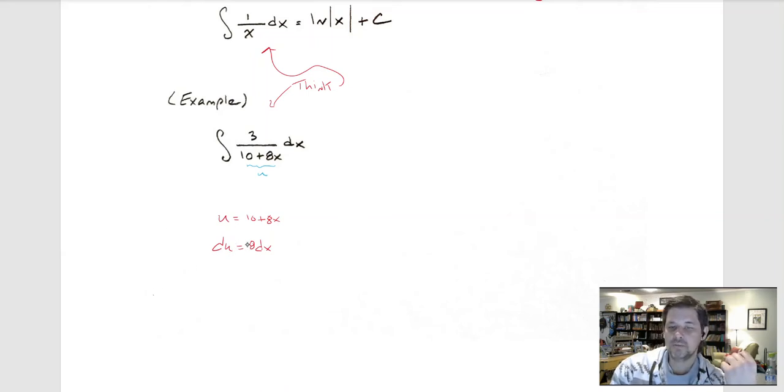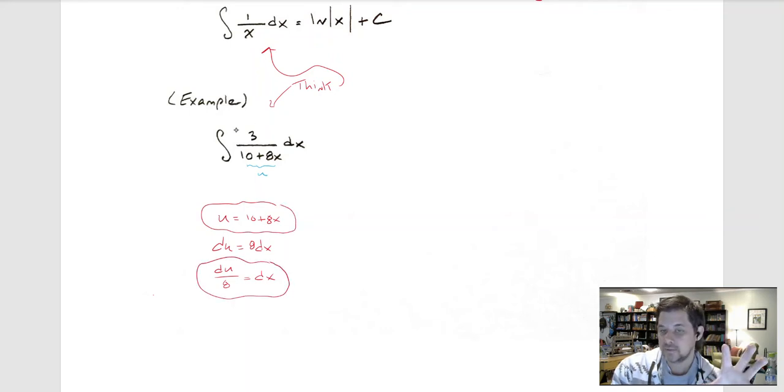So I'll treat this like any other equation, and I will divide both sides by 8, because then this thing will fit and I'll be able to substitute it. So I get du over 8 is equal to dx. Now between this and this, I'll substitute, and this will be reduced down so that that rule is applicable. So in this step right here, I'll substitute both of those. I'll get the antiderivative of 3 over u, and then dx will be du over 8.